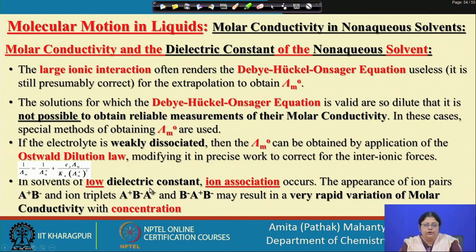In solvents with low dielectric constant, we also have ion association occurring. This appearance of ion pairing like A plus, B minus and triple ions of this sort of configuration may result in rapid variation of molar conductivity with concentration, because the association is going to be much higher when you have a lower dielectric constant.